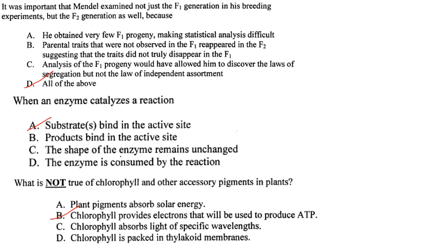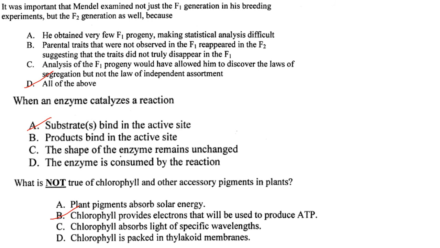Plant pigments absorb solar energy. Chlorophyll provides electrons that will be used to produce ATP. Chlorophyll absorbs light of specific wavelength. Chlorophyll is packed in thylakoid membrane. The chlorophyll obtains electrons from water, producing oxygen as a byproduct.